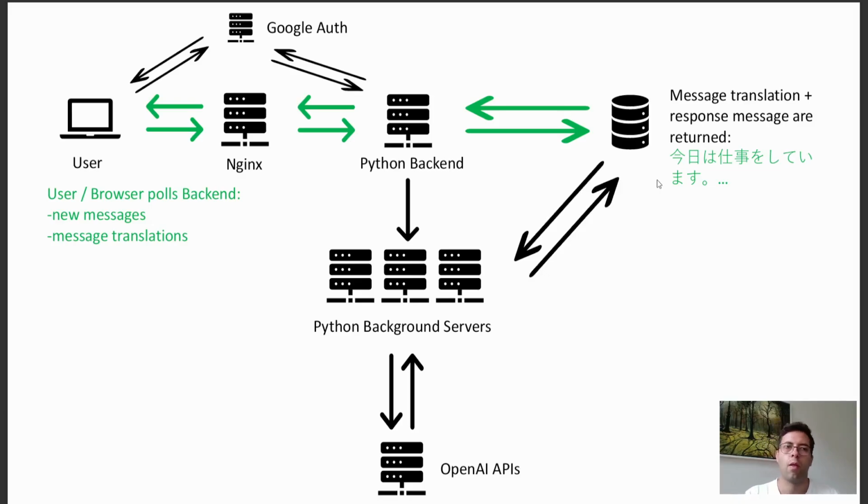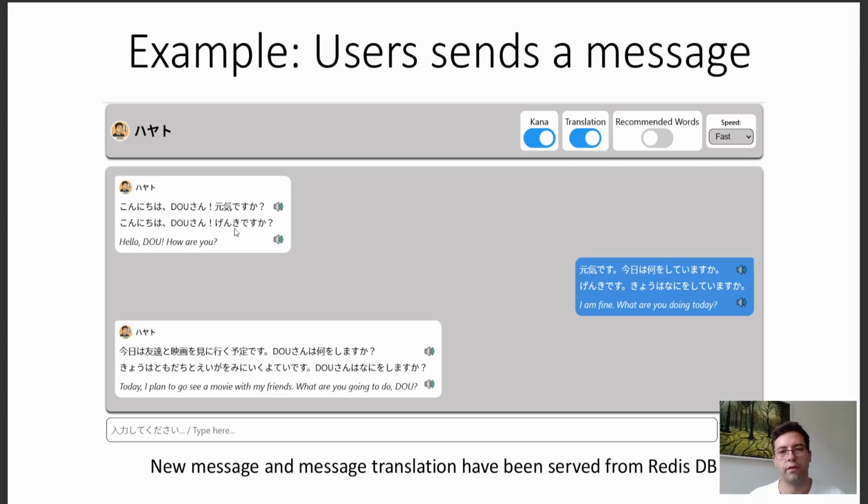So the user sends a new request to the backend, and the backend checks the database, and it sees, oh, there's a new message, and the new message is sent back to the user. And then the user gets this result.